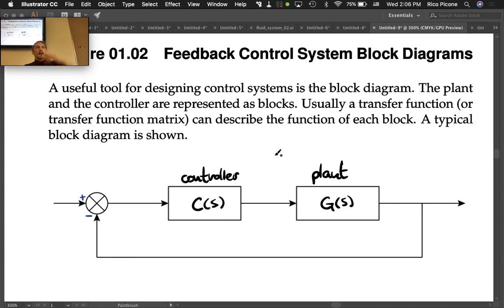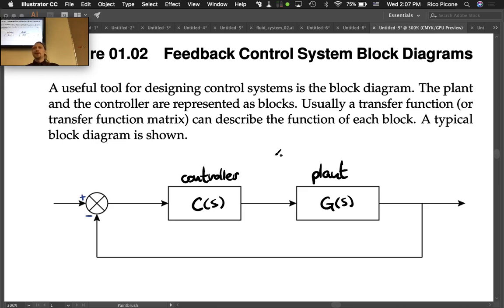If it's based on fuzzy logic or machine learning, then it's not going to have a transfer function associated with it. But in this class, we're going to consider just controllers that have transfer function descriptions, which describes the vast majority of controllers.